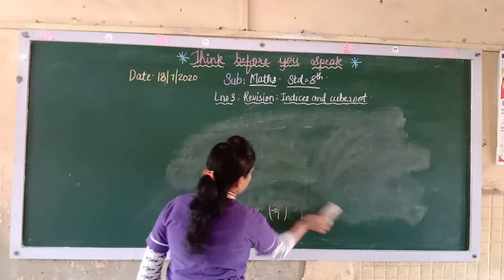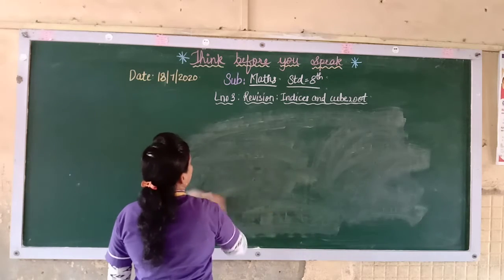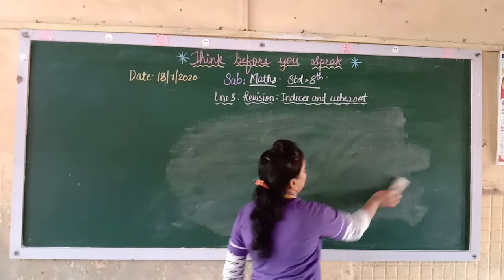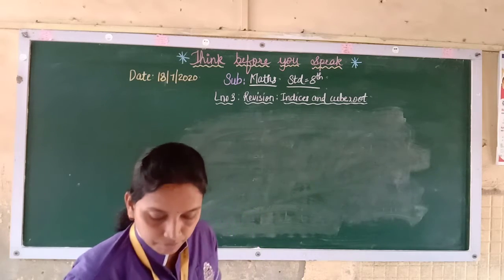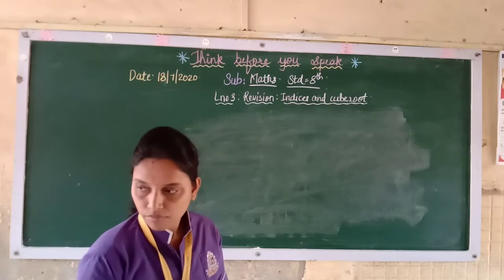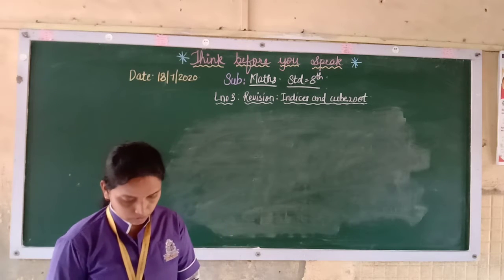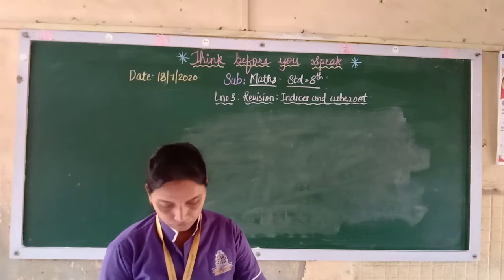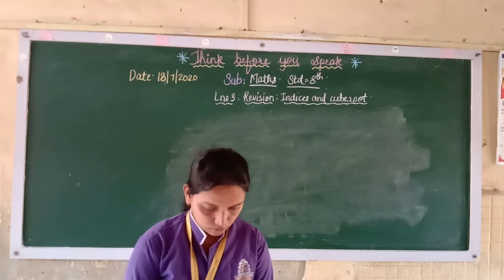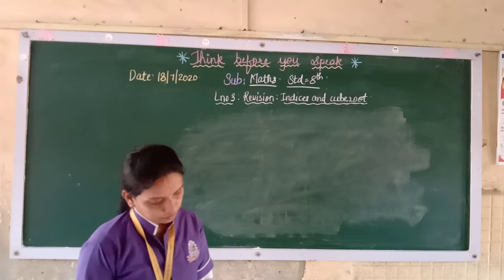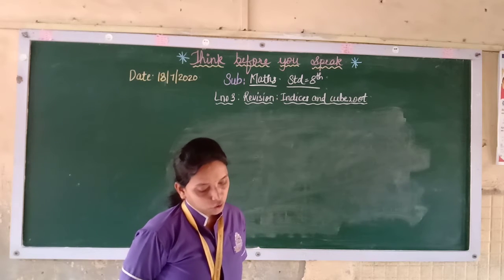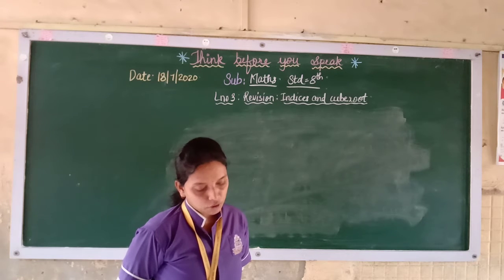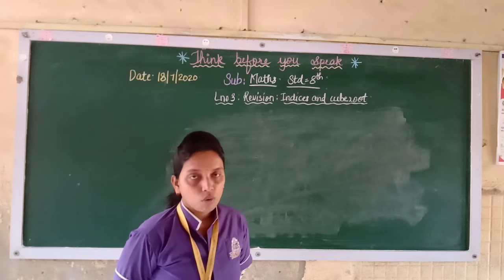Now we will see some exercises. To show the square of a number, the index is written as 2, and to show the square root of a number, the index is written as 1 upon 2.